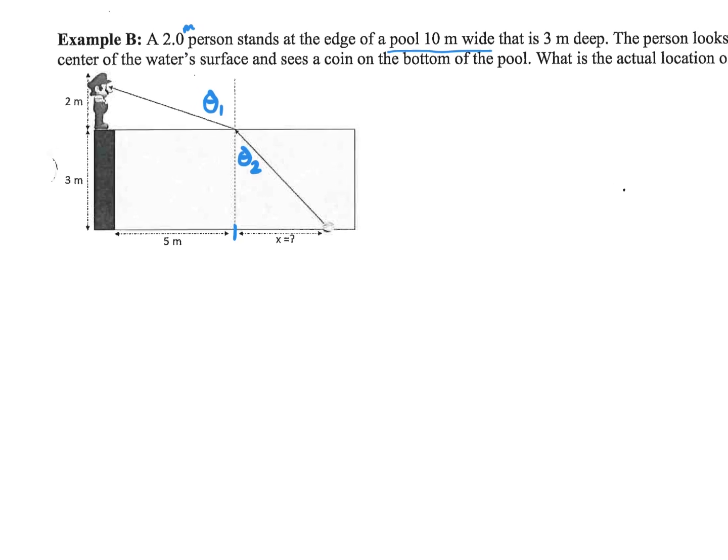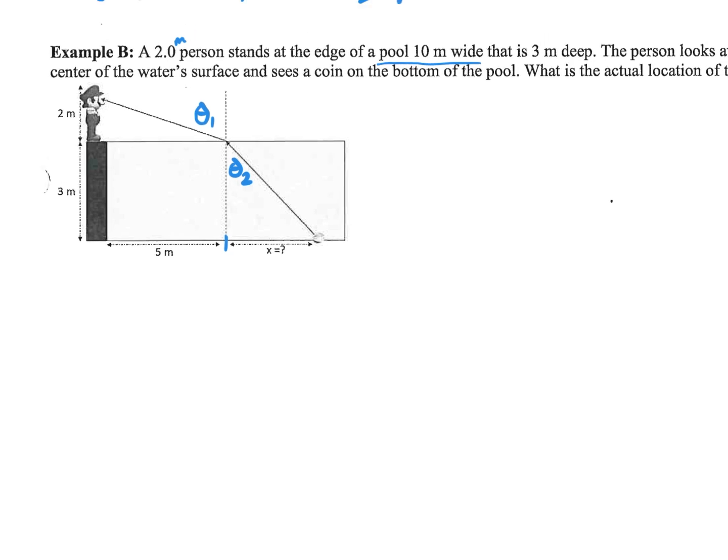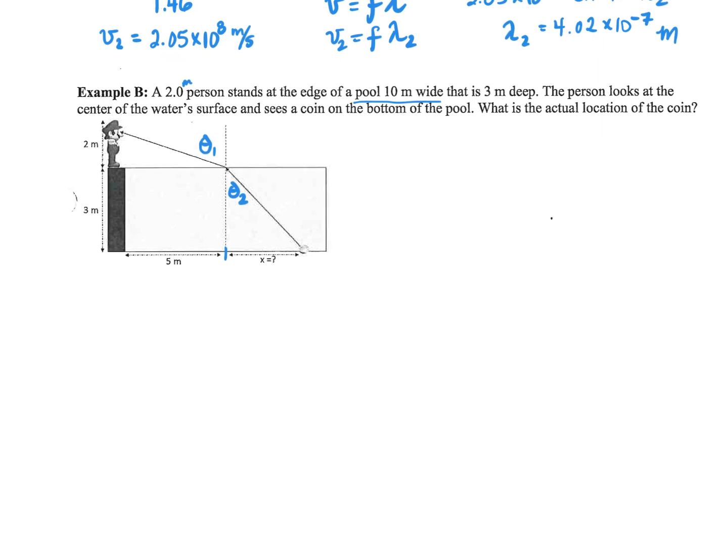Okay, so what's the first thing we've got to do? So what do we have? We know n for air is 1, and n for water is 1.33.